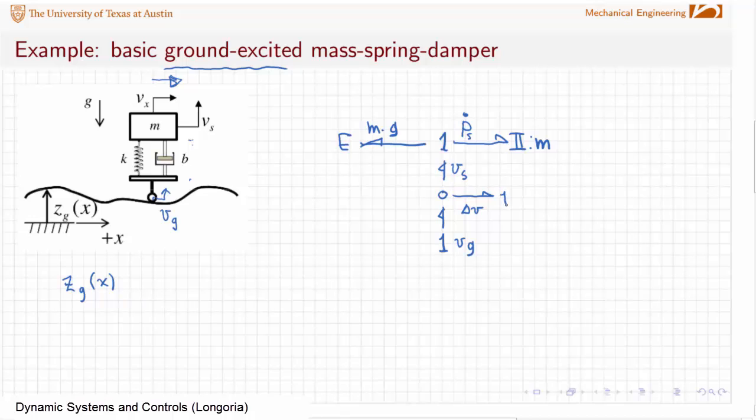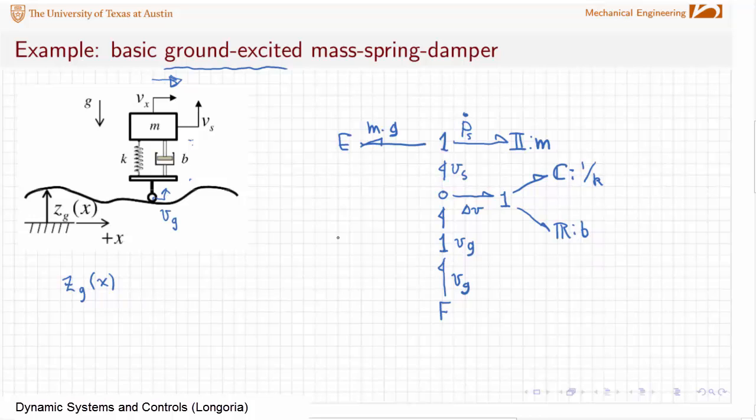And I need to have a 1 there because I want to attach on that common flow two components, my spring and my damper. And these are linear elements as shown, so I'm going to put those parameters here. So I've got this 1 here, and I'm going to assume that I know that as a flow source. So I'm actually going to put a flow source in here because I'm going to assume that I know v sub g. I can eliminate this 1 later, and I'll show you tricks for doing that.